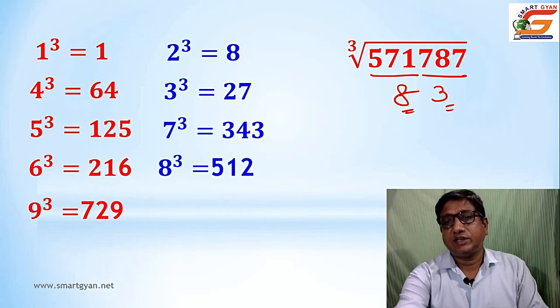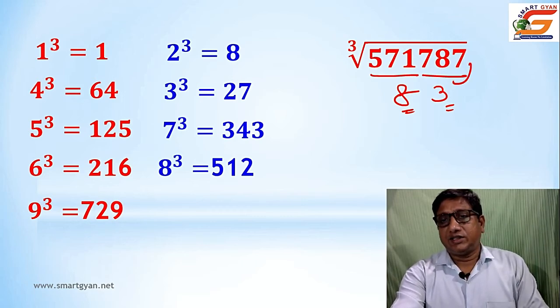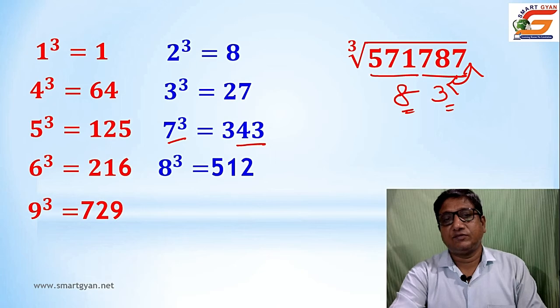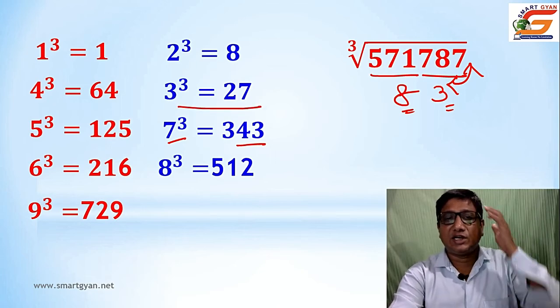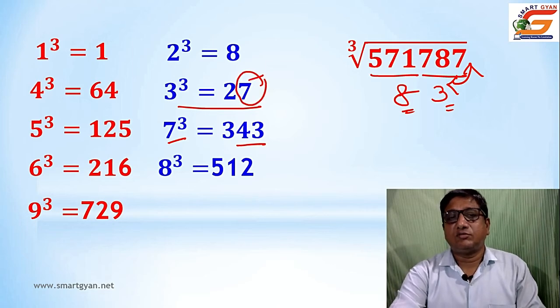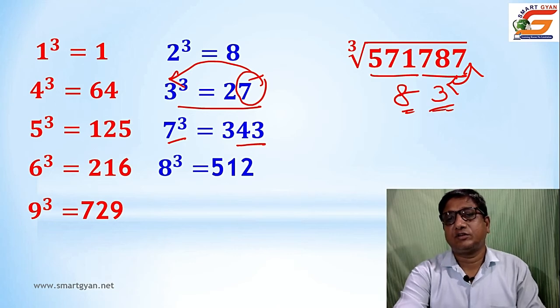How? Here, 7 and 3 are complementary to each other. 7 cube is 343 and 3 cube is 27. As 7 is the unit digit of the number, the root digit will be 3.